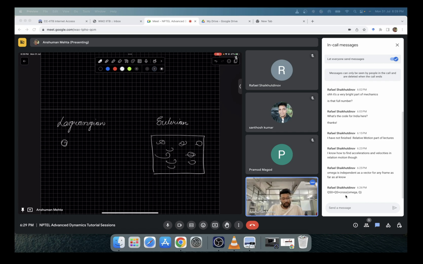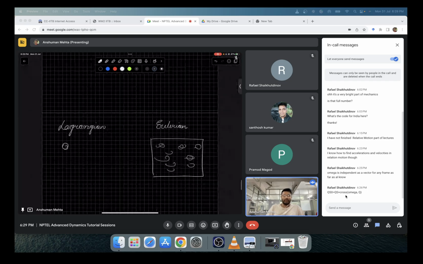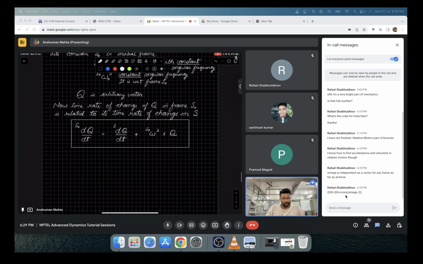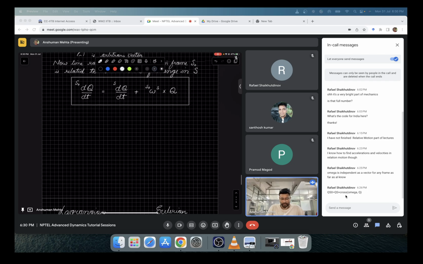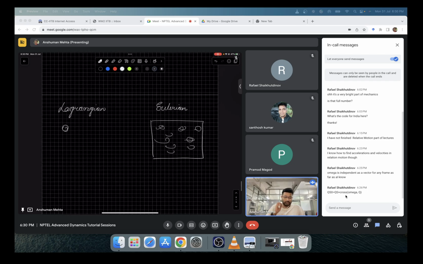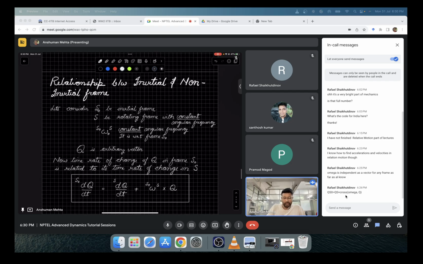So if we look into this formulation, then obviously omega is not constant. Right now I have taken omega as constant because, say in this Earth example, that omega is generally constant. This is not a generalized formula, this is just a relationship between these frames.